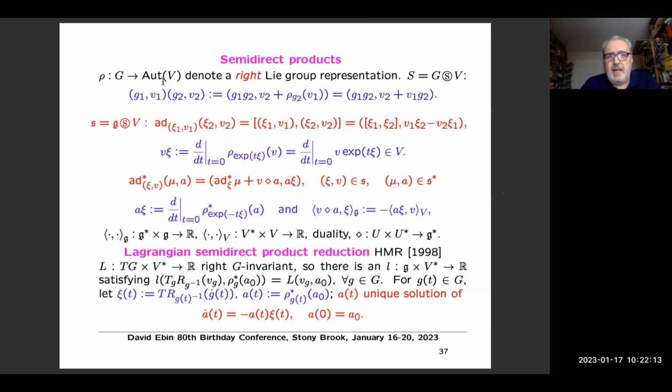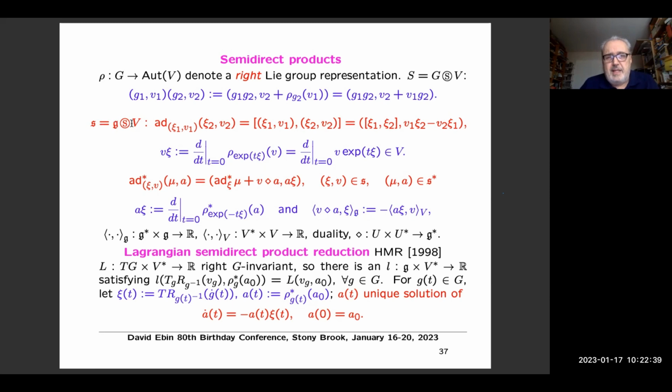I have a representation and I work on the right because I'm working with fluids. And these are my conventions for the semi-direct product. There are 16 equivalent isomorphic ways of defining semi-direct products. And all have their advantages and their disadvantages. There is no best. This is the reason why you find every author has his own convention.